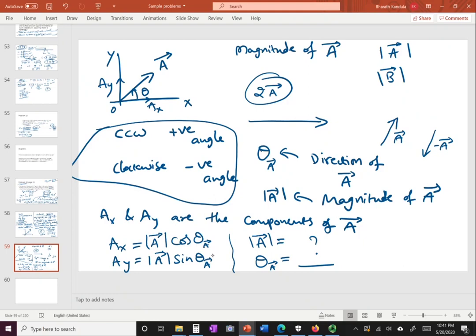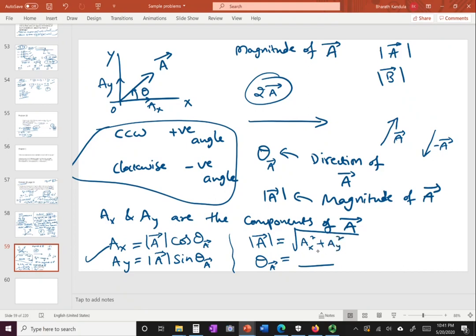We get it from the definitions of the trigonometric functions sine and cosine. You can imagine the right-angle triangle here and apply sine and cosine to get these equations.